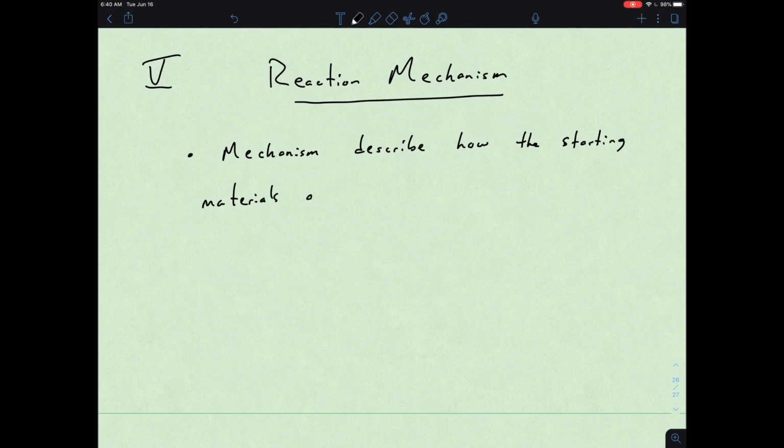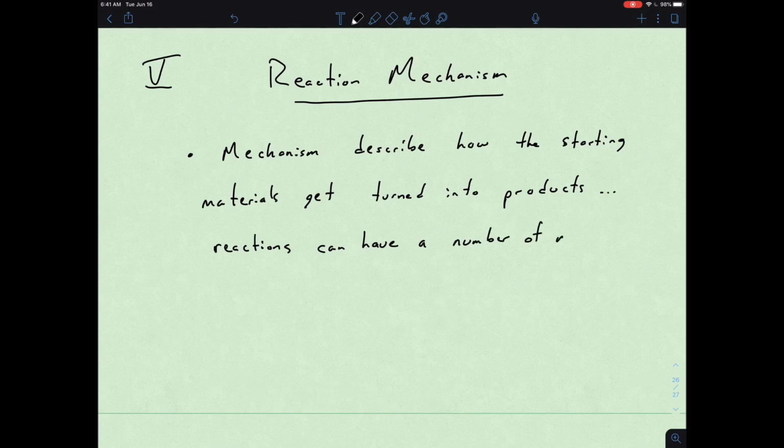So we're looking at the mechanics of it, how starting materials get, let's say, turned into products. Reactions can have a number of mechanistic steps in going from starting material to product.